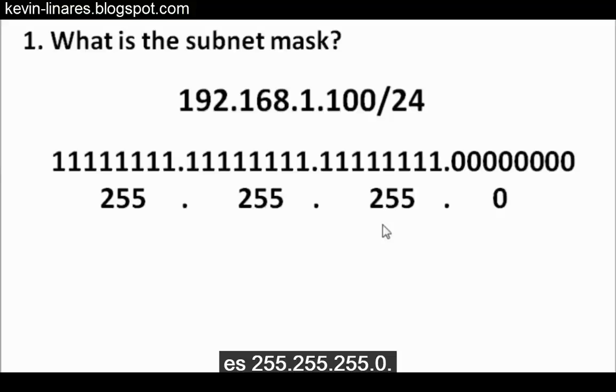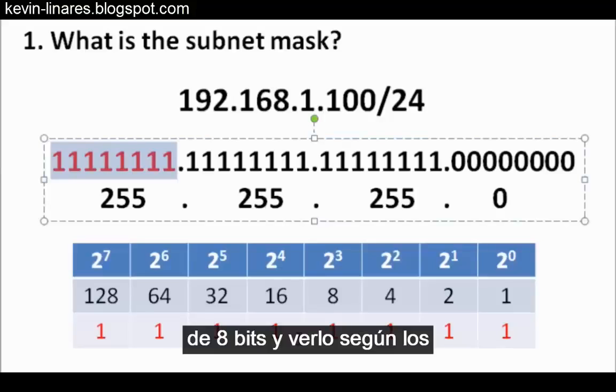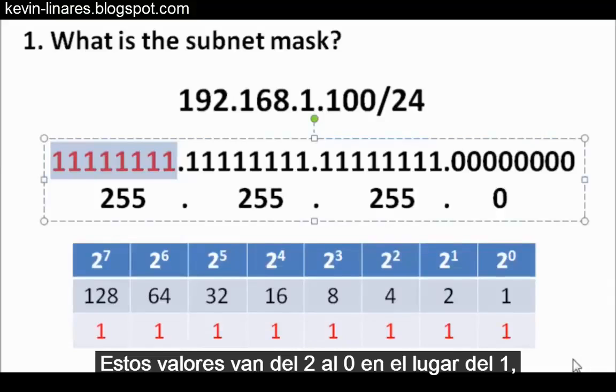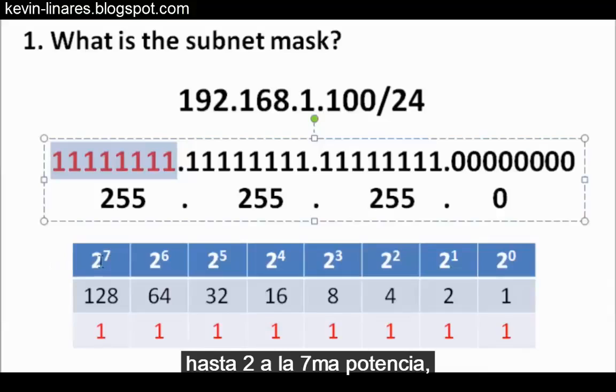Recall that we can take an octet of 8 bits and look at it according to the binary place values. The place values start from 2 to the 0 in the ones place all the way up to 2 to the 7th power, which is the 128th place.